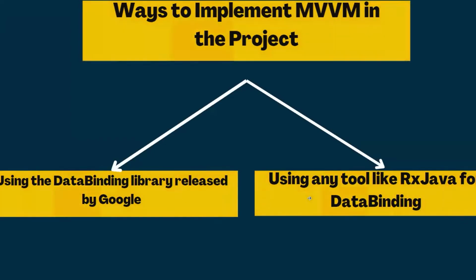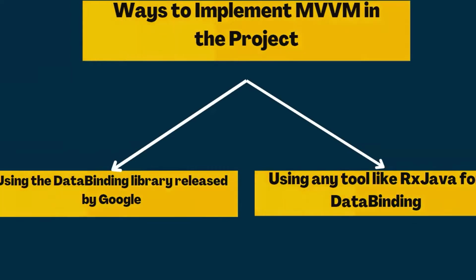So it's basically a tool by which we implement MVVM in a project. Basically, RxJava is a library. Do you understand the meaning of a library? Just like Jetpack Compose is a library, RxJava is also a library.